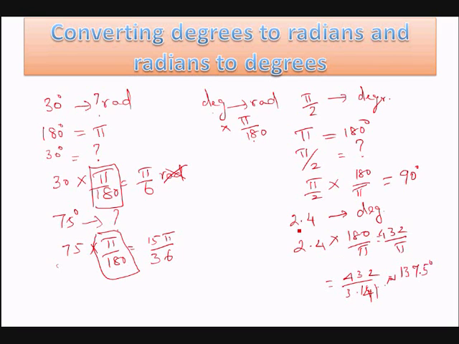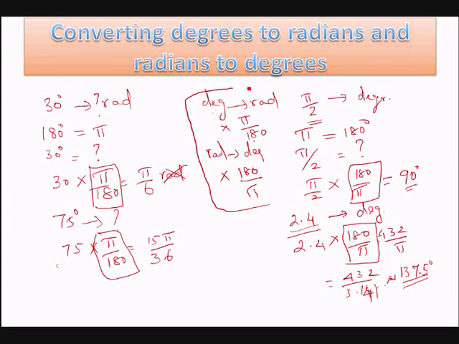Therefore, 2.4 radians is equal to 137.5 degrees and pi over 2 radians is 90 degrees. And we see that the multiplication factor is 180 over pi. Therefore, radians to degrees, the multiplication factor is 180 over pi. It is not necessary to remember these multiplication factors. You can just carry on with this equation every time.